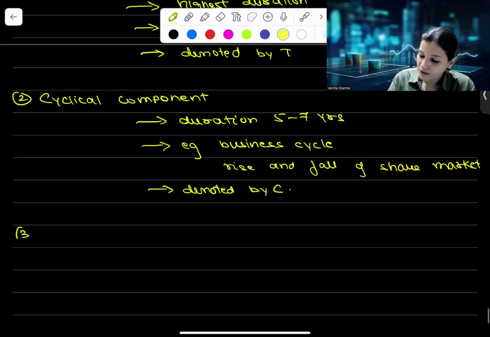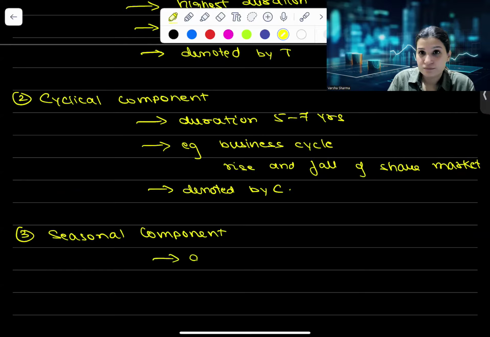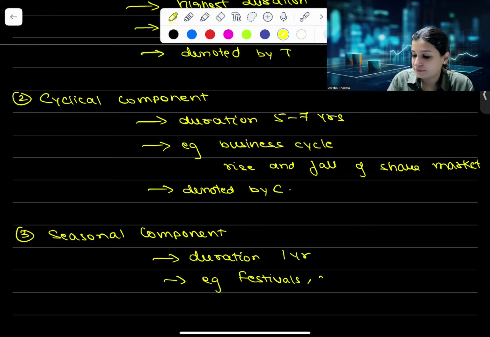Third, seasonal component. Duration around 1 year. Example, festivals, seasons, summer, winter, and all those.